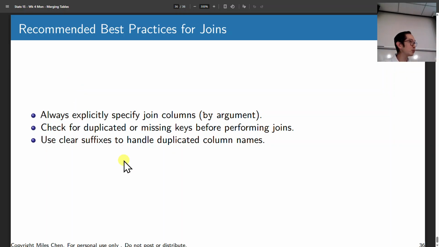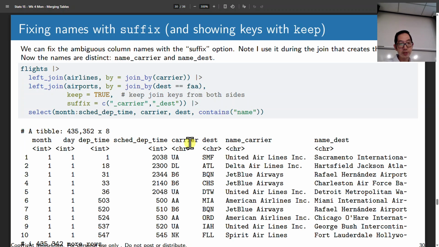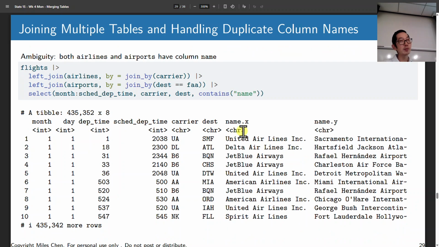Always check for duplicate keys or missing keys before you do the join, so you don't end up with a Cartesian explosion or a whole bunch of NAs. And if you do have duplicated column names, you want to use the suffix argument so you don't end up with name.x, name.y.